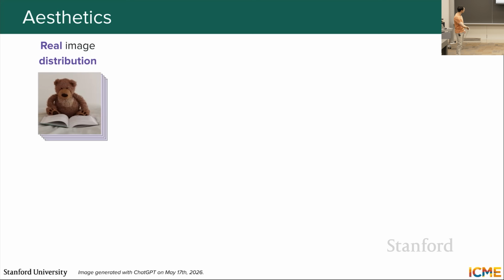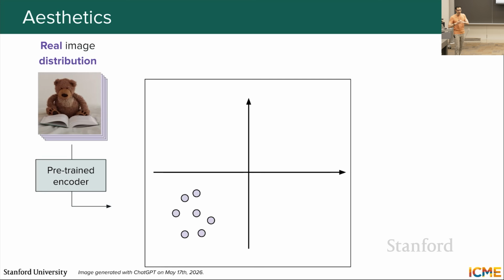So let's do that. Well, how would you do it? In the class, we've seen that we have methods to represent images in what we call a latent space. So here, one idea could be to take our, let's say, real images and have them be input into some encoder such that they can be represented in that space.